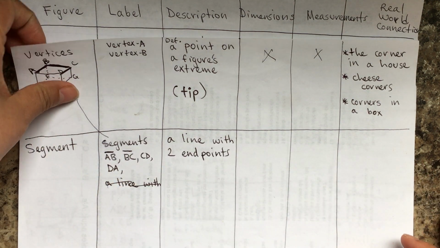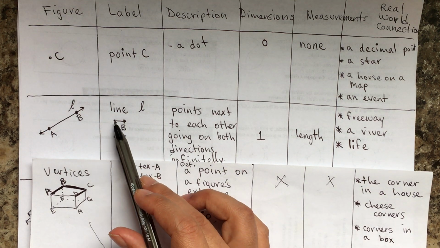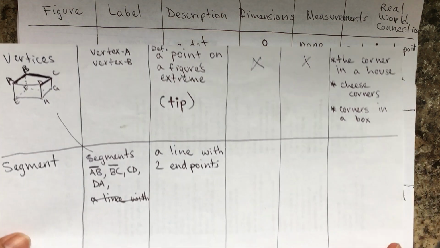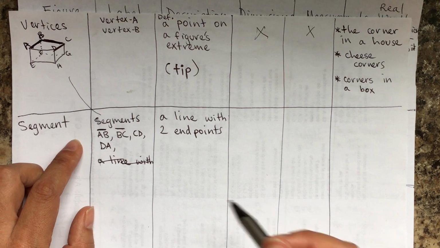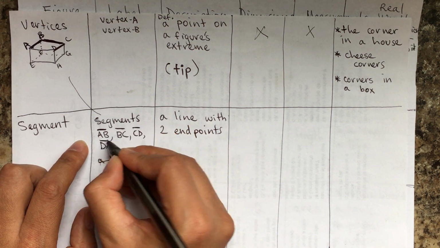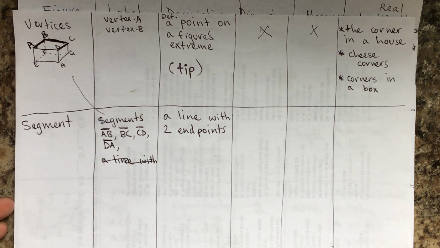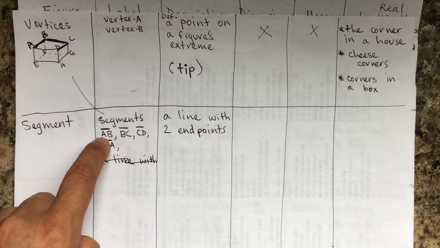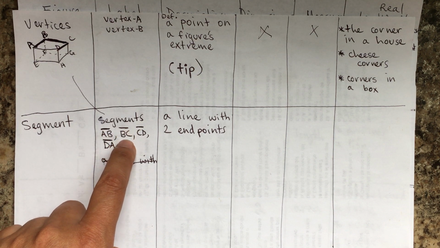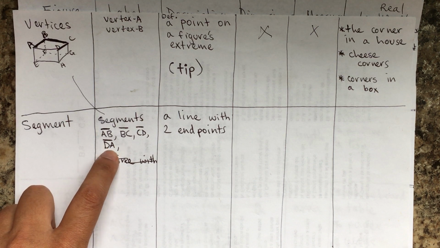If you notice in the previous one, for line, you had arrows because it would go infinitely in both directions. In here, we have two endpoints, so we don't have arrows on top of this little symbol. So that's line segment AB, line segment BC, line segment CD, line segment DA.